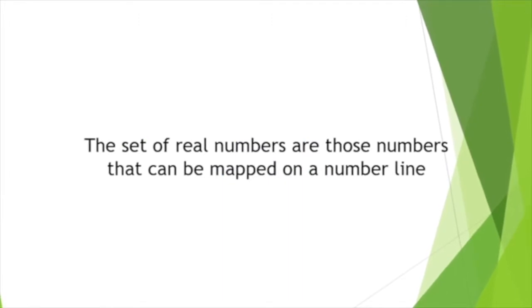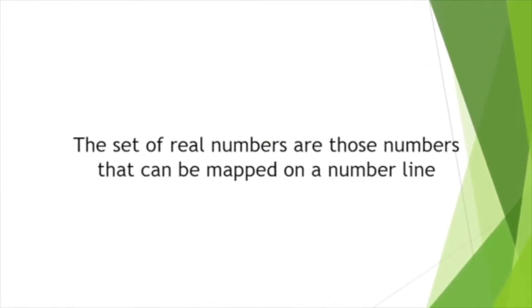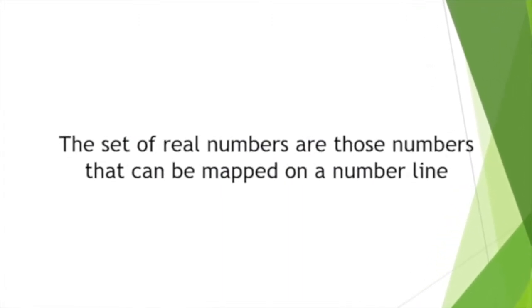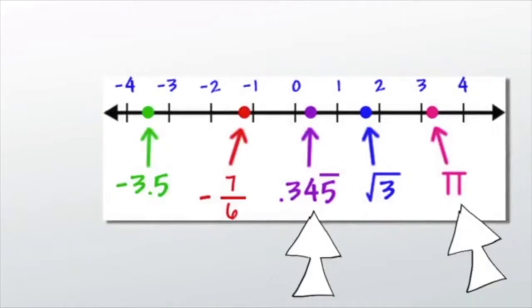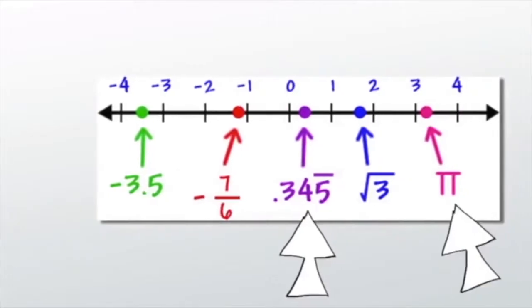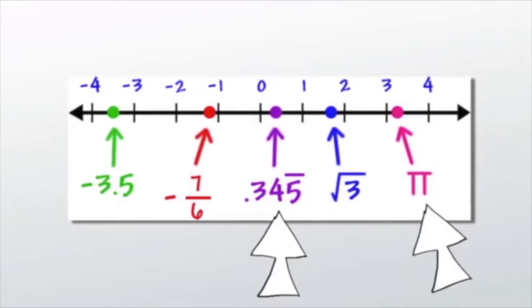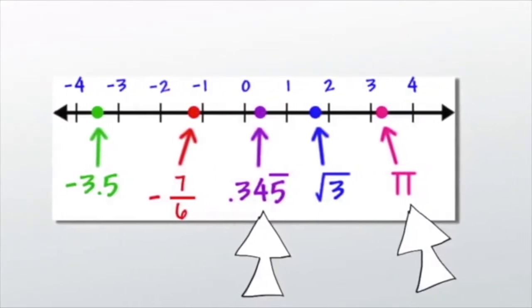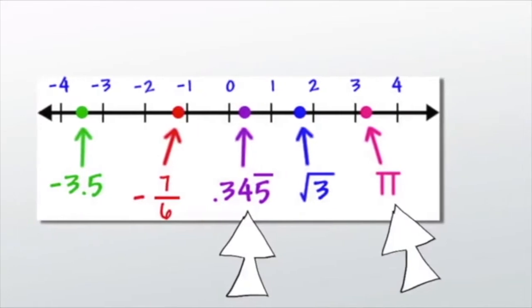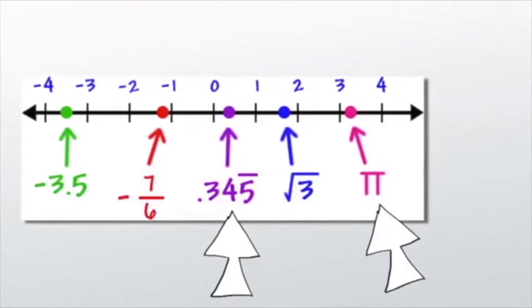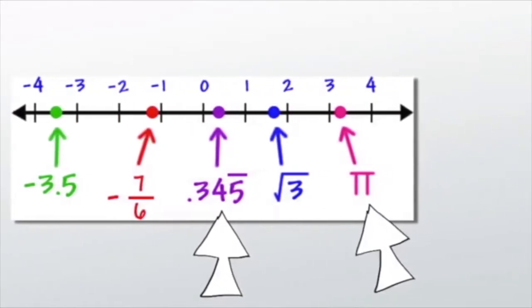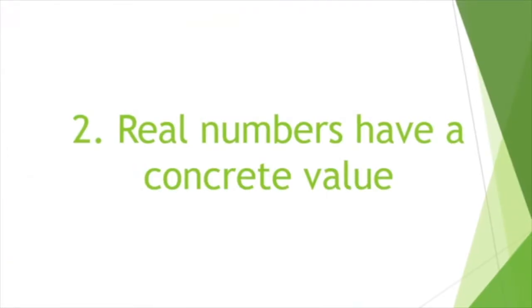This means that the set of real numbers are those that can be mapped on a number line. The number line has 3 parts: a negative side, a positive side, and a zero in between. Each side of the number line goes on infinitely. There is no end to the positive or negative numbers that make up a set of real numbers.